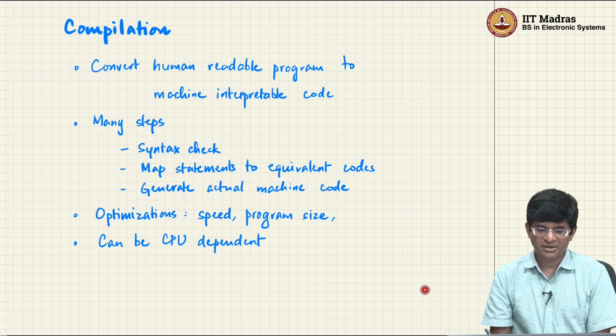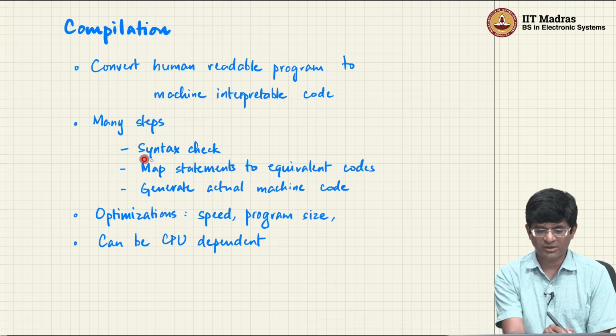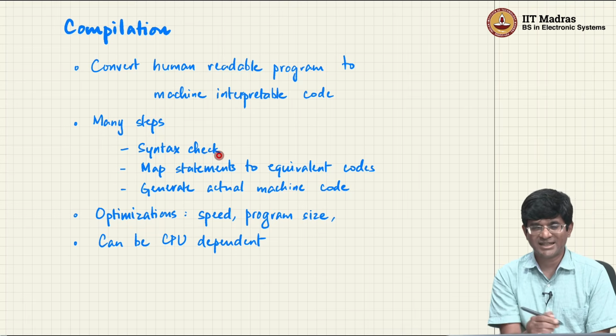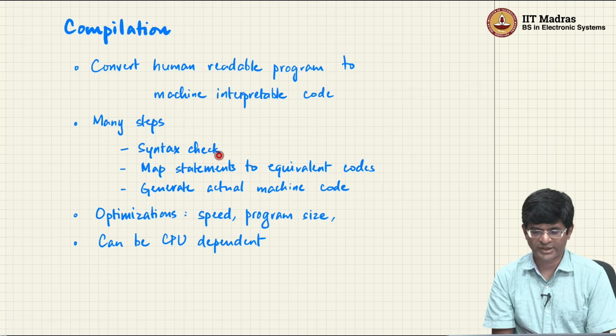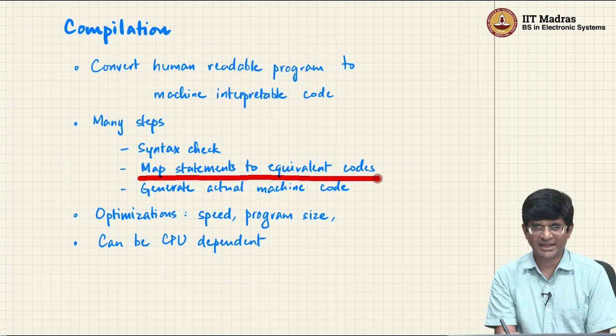So compilation, to summarize, essentially takes human readable programs and converts them into machine interpretable code. There are many steps involved. The first would be what's called a syntax check, where we basically check whether what has been written by the human being even makes sense. The next step would be to map statements in that into equivalent code.